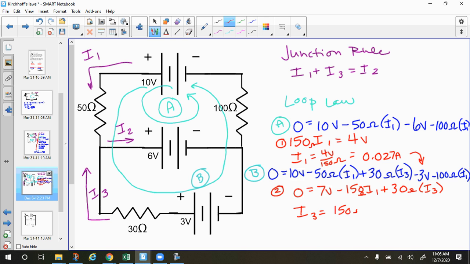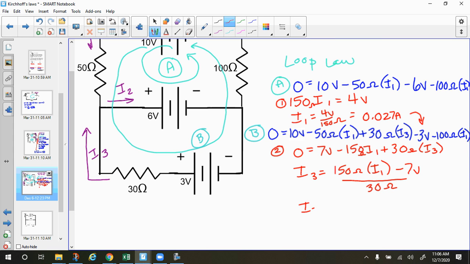So I3 is equal to 150 ohms times I1 minus 7 volts over 30 ohms. Okay, so now I can plug in I1.